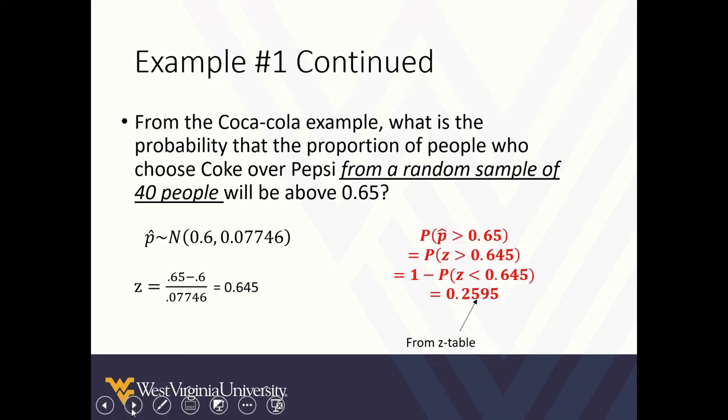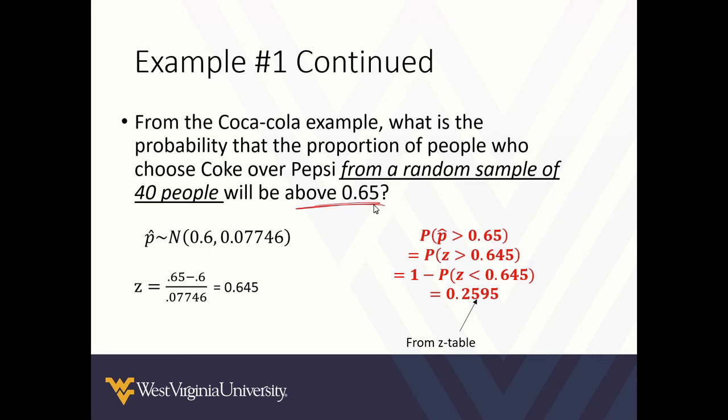Now that everything else becomes old hat, we want to find the probability of p hat being greater than 0.65, again, because we want to find above 0.65. Plugging in our z-score value, we have the probability of z being greater than 0.645. Using our z-table, we know that we don't have areas to the right of the curve, only left, so that will have to become 1 minus the probability of z less than 0.645.